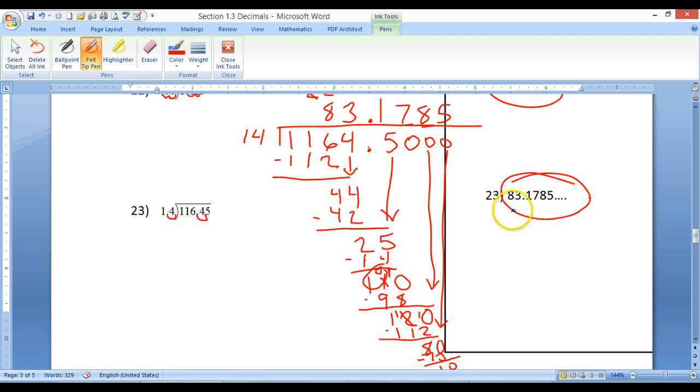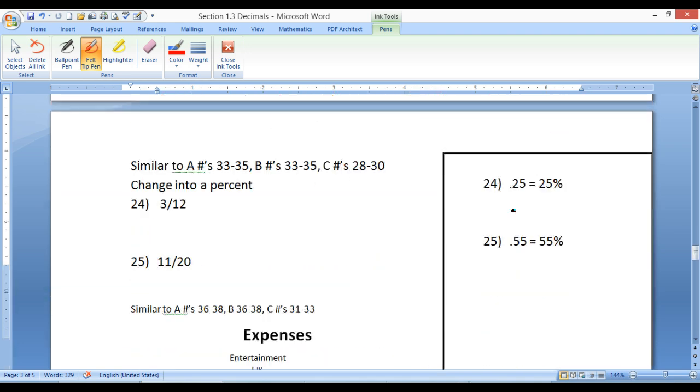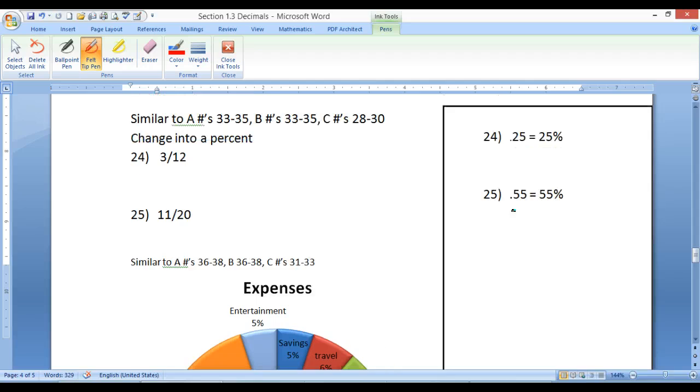All right, let's go ahead and move on. The next one is changing a fraction or a division into a percent. So the first thing we need to do, similar to what we did previously, is divide. Change it into a decimal first. So what did we do?